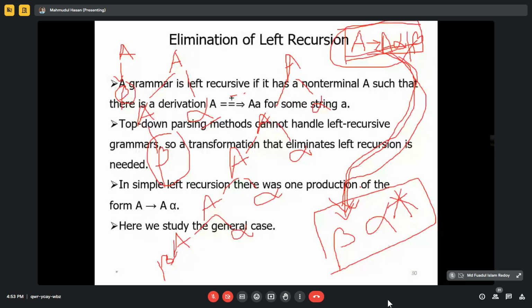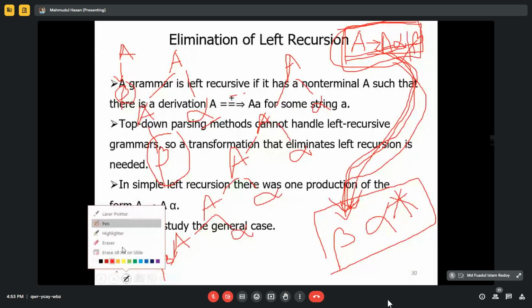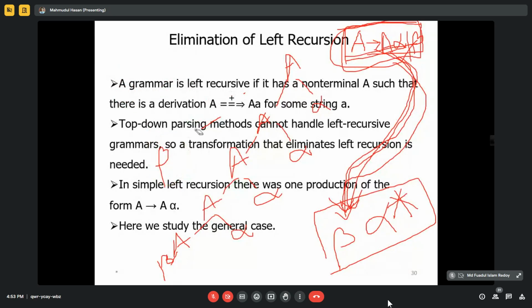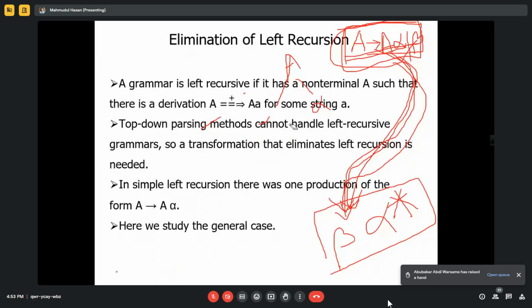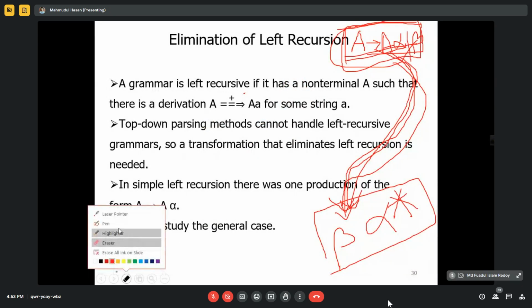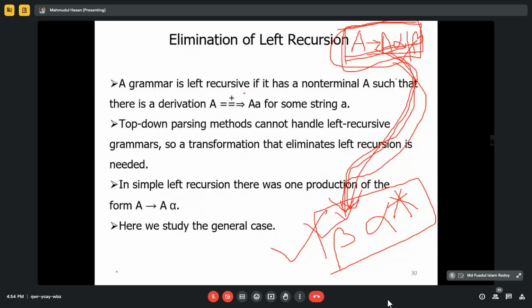Your new updated production rule is able to generate this input, but left recursion will be absent in the newly generated production rule. Got my point, everyone?